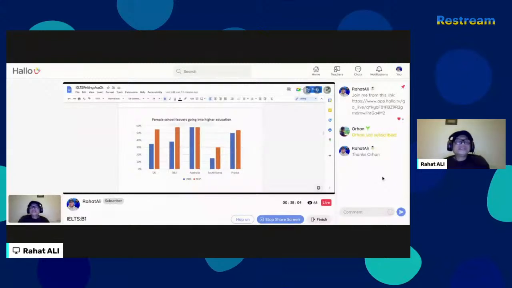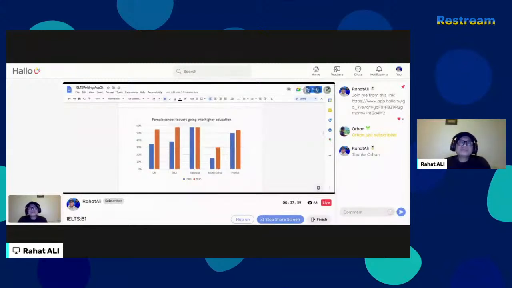So, as you can see, the first headline of this topic is female school leavers going into higher education. And on the left hand side, which we call x-axis, there is percentage: 0%, 10%, 20, 30, 40, 50, and 60 is the highest here.